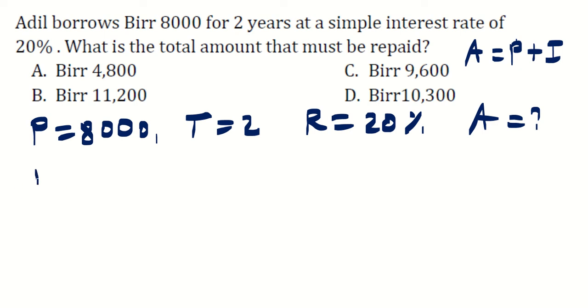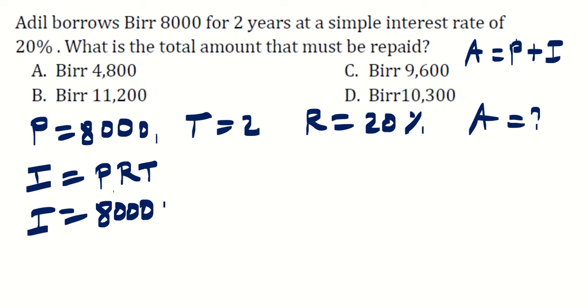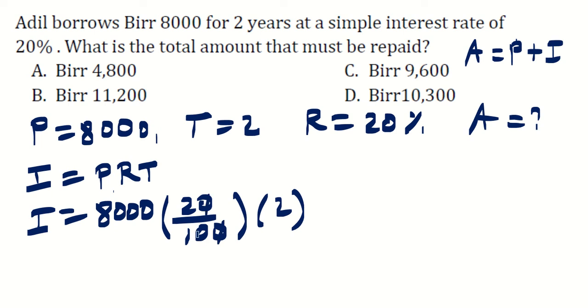So let's calculate the interest. Interest is equal to PRT. So the interest is equal to the principal, 8,000, times the rate, 20 over 100, times the time, 2. So cut 1 0 here, again cut 1 0 here. 2 times 2 will be 4, 4 times 8 will be 32, and we have 2 zeros. 3,200 will be the interest for 2 years at 20%.